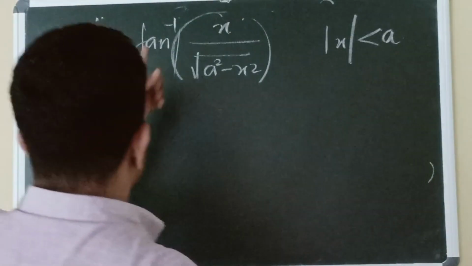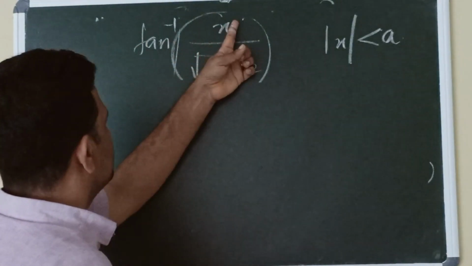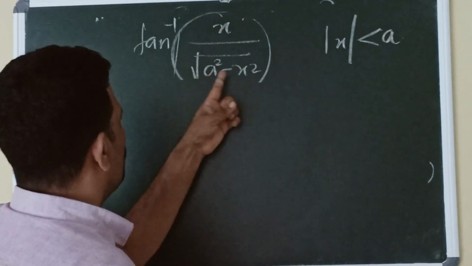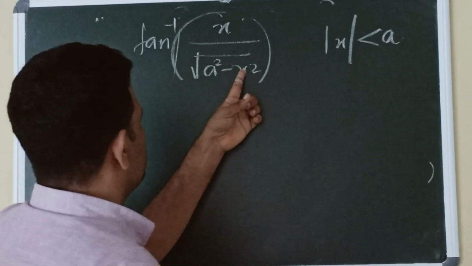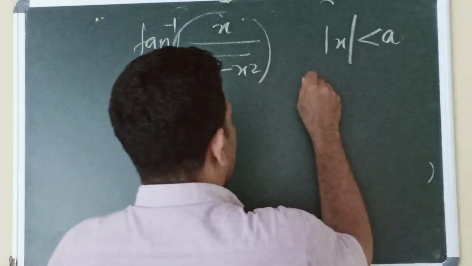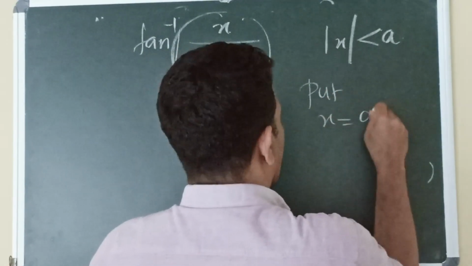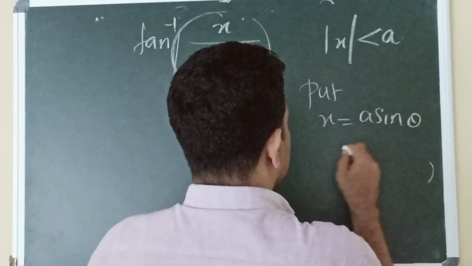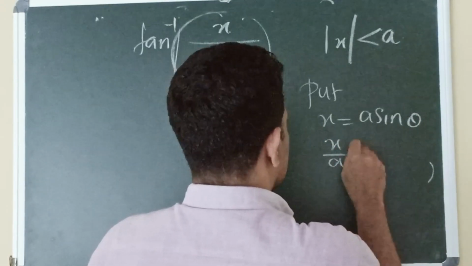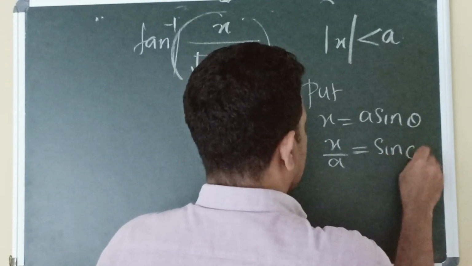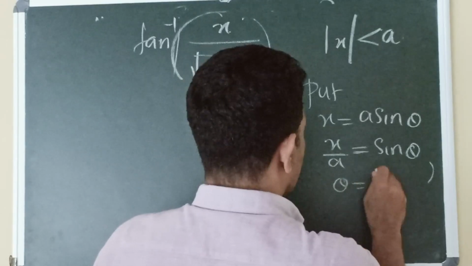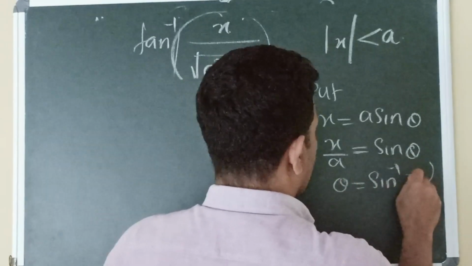There is another question. Simplify tan inverse x divided by square root of a square minus x square. Here I am putting x equal to a into sin theta. That is x by a equal to sin theta. That is theta is equal to sin inverse of x by a.